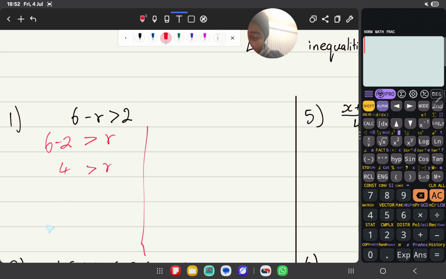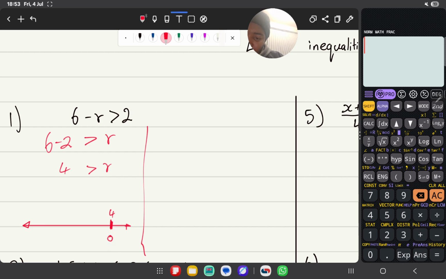So if we represent this on a number line, this is saying 4 is greater than r, implying r is smaller than 4. This is your number line, goes that way and this way. This is where you find 4.